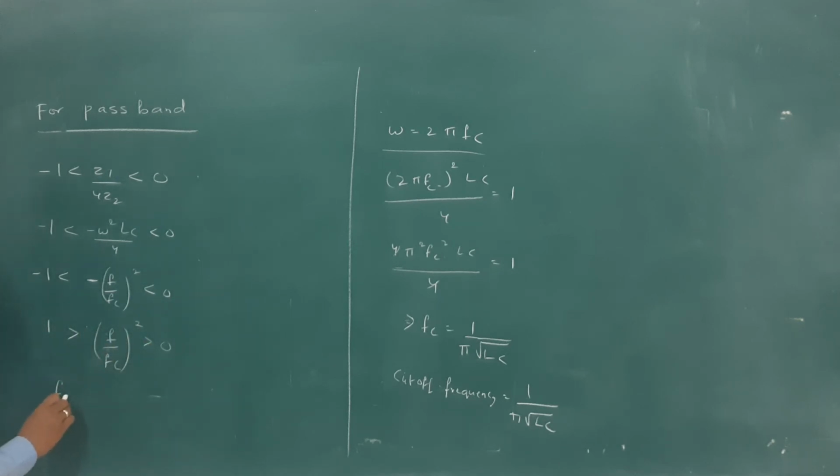So fc greater than f greater than 0 is the range for the frequency, where the cutoff frequency is greater than the normal frequency, for the pass band. Okay. Now we will go for the attenuation band.